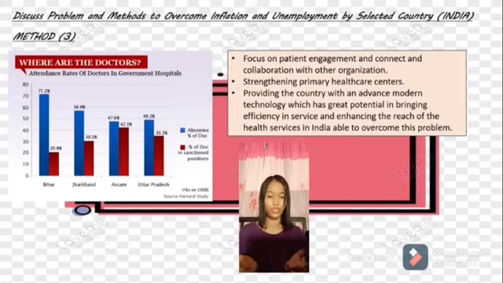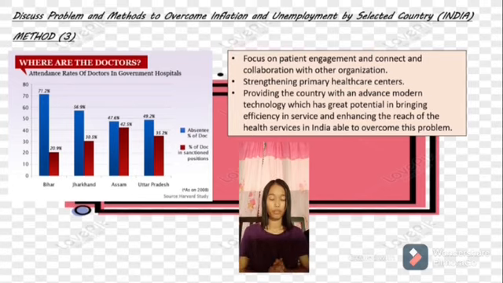According to the WHO, the highest number of dengue cases in India occur during monsoon seasons and many more illnesses are yet to be discovered. In order to overcome this problem, the healthcare system has to be improved in terms of access to care, focus on patients, engagement, and connections and collaborations with other organizations.